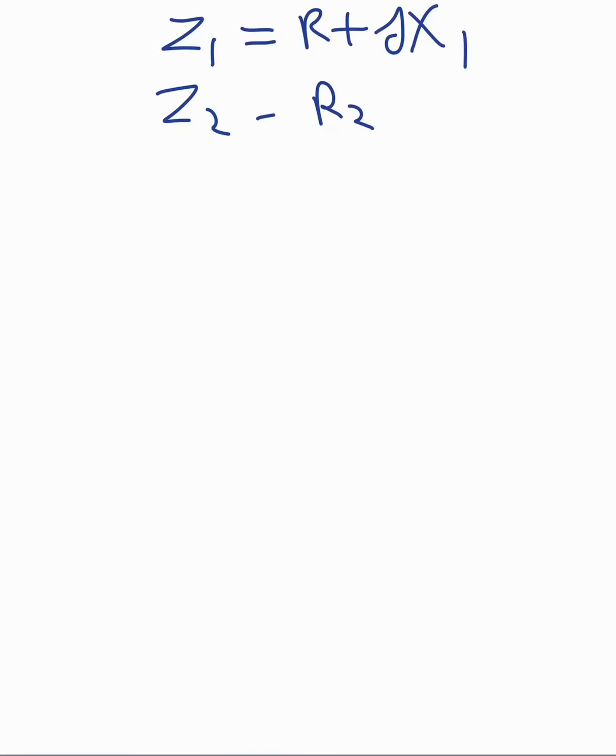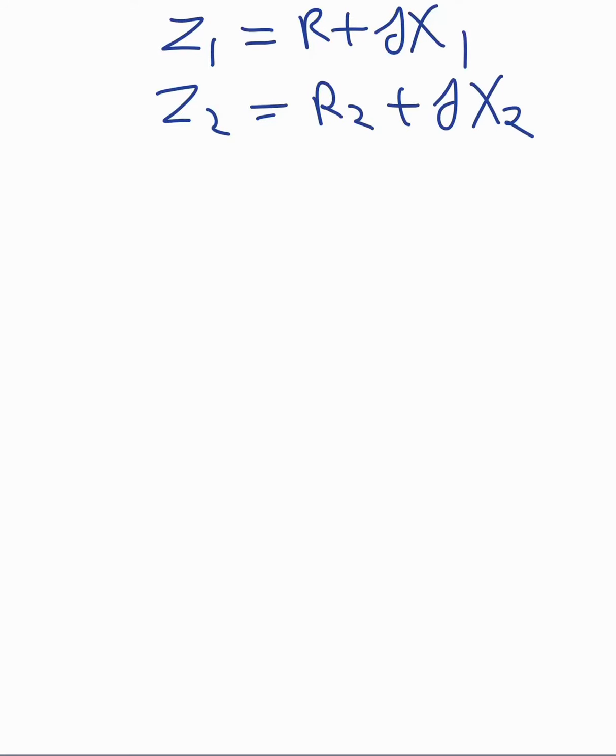We know that the leakage impedance of primary is Z1 is equal to R1 plus jX1, and leakage impedance of secondary is Z2 is equal to R2 plus jX2.